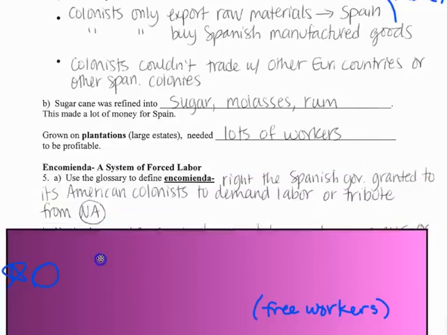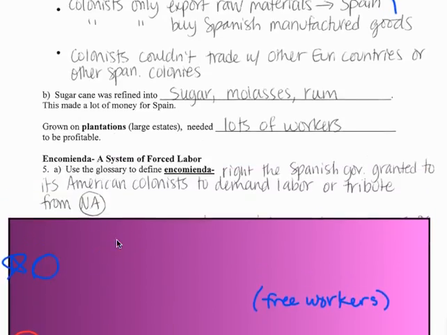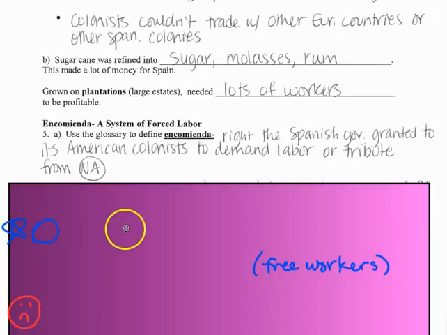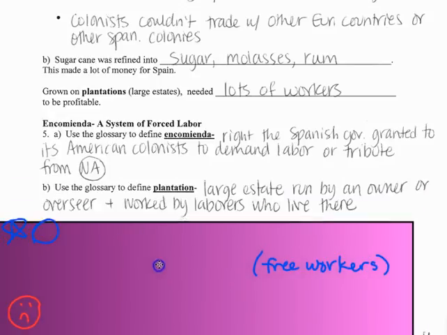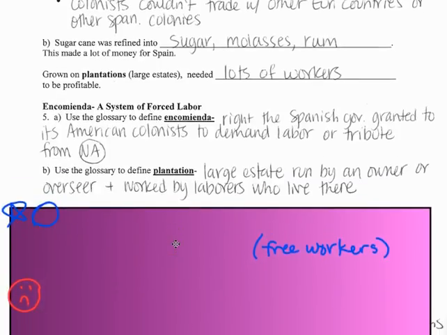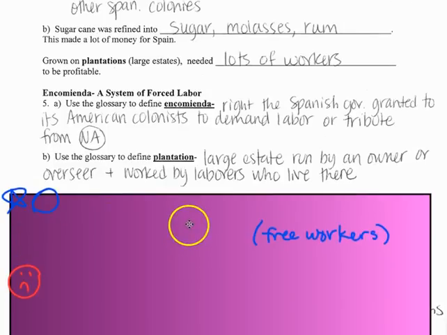How are they going to get labor? There's something called an encomienda, which you should have the definition of from the glossary. The Spanish can make Native Americans work for them or give them tribute, which is a payment in goods or money. It was probably goods. There's also a definition for plantation. They need workers to be on the plantation.